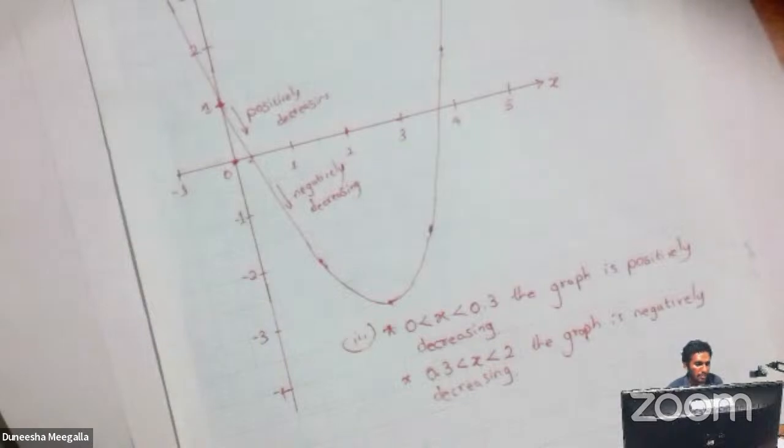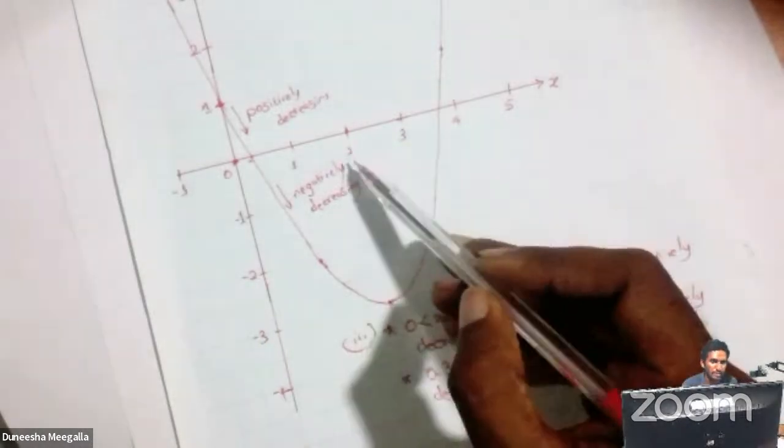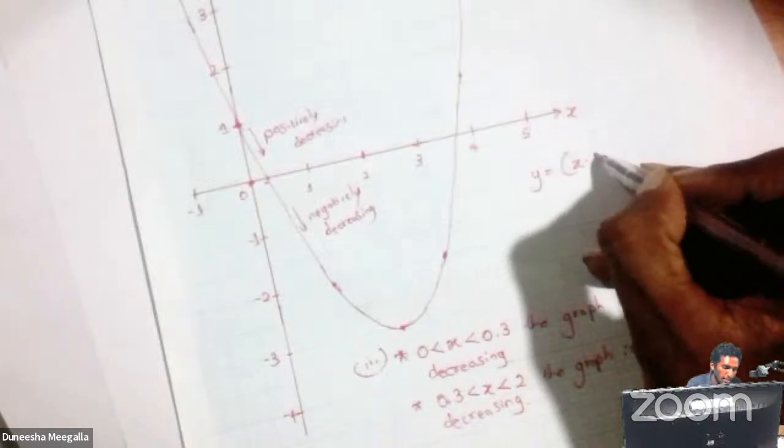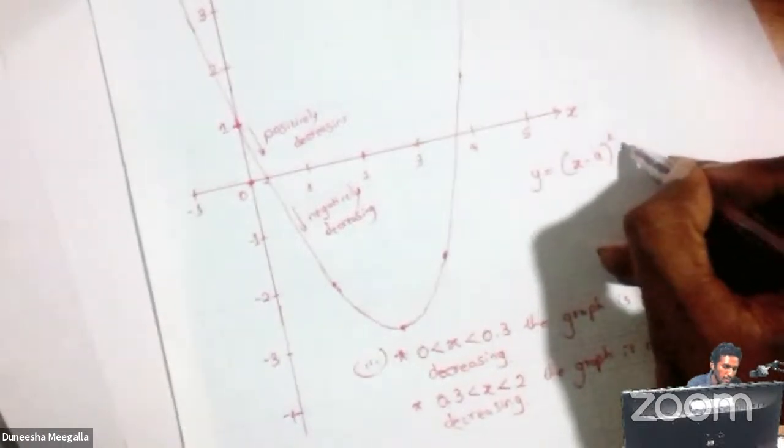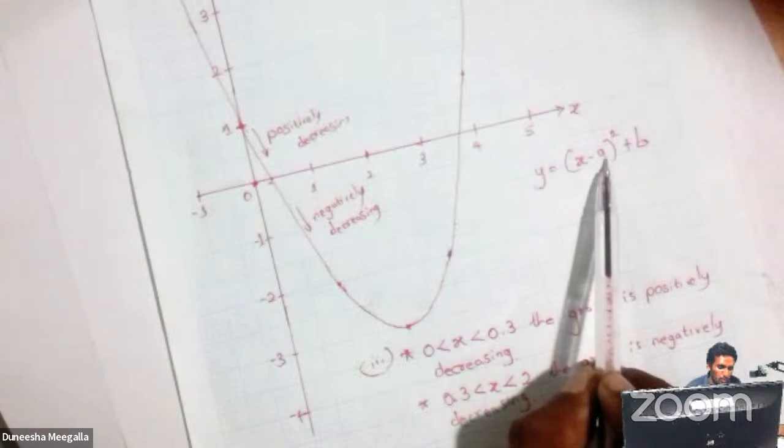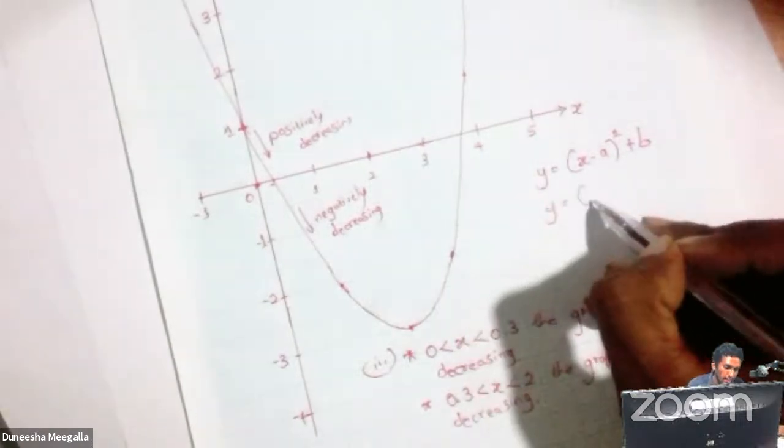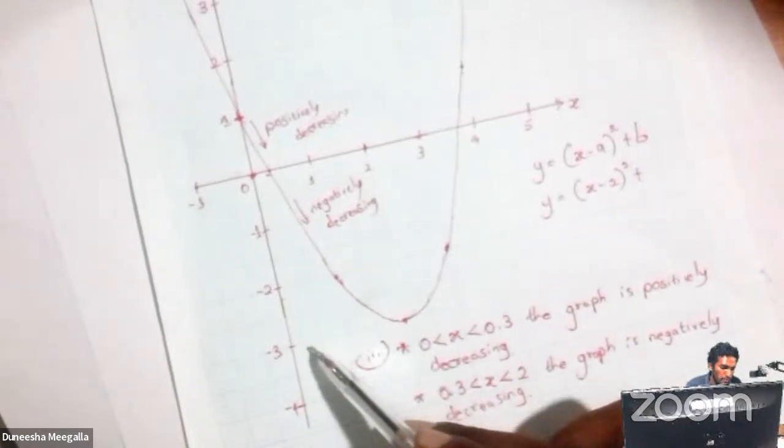Then when x equals 2, y equals (x minus 2) squared plus b. When a is 2, right? (x minus 2) squared plus what is the value for b?